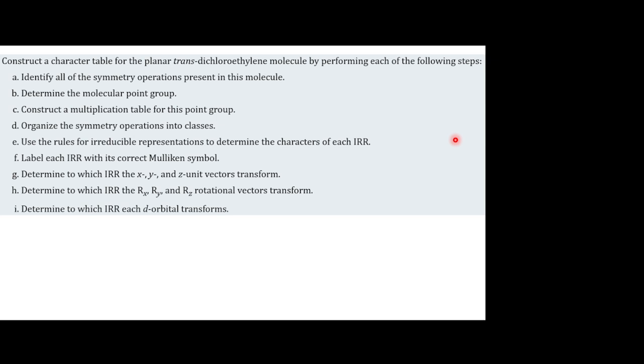Let's have you identify all the symmetry operations present in the molecule for trans-dichloroethylene, and you can get the molecular point group. And we can't really do the rest of those without going full-on matrix math.